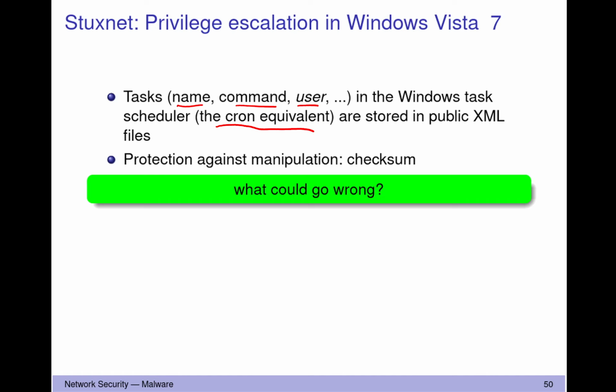It's just a list of commands that should be executed at specific times, but also under which username, and this is stored as a public XML file. And to make sure this file is not modified by malicious attackers, they had a checksum. So what could go wrong?